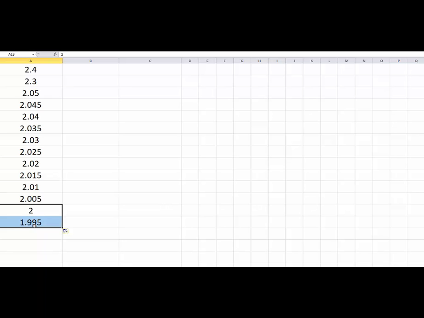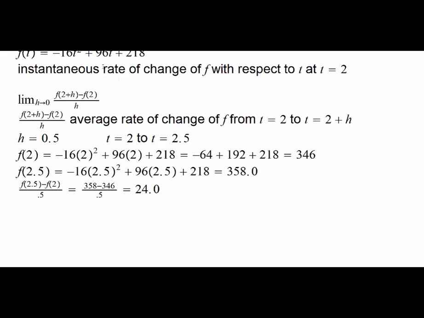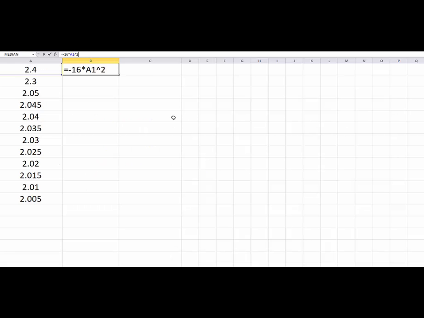So let's just stick to up to this 2.005, and here we shall go ahead and write the function that is negative 16 times t squared, plus 96 times this t, and then plus 218.